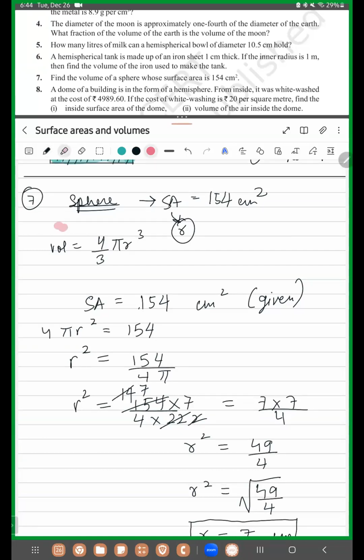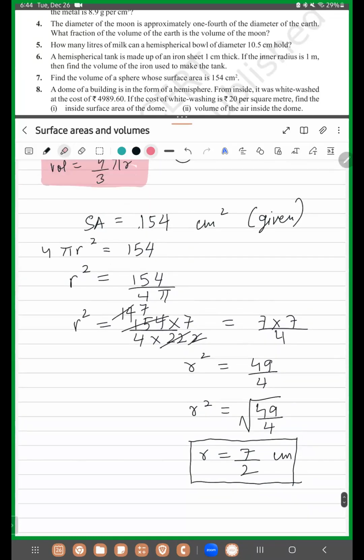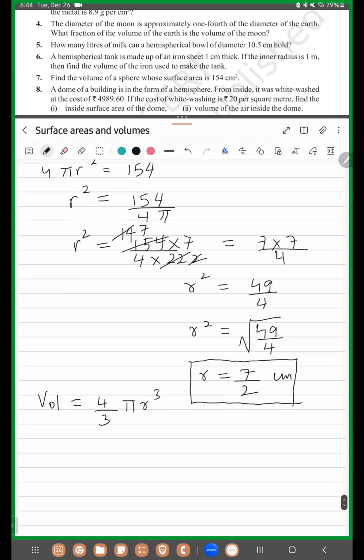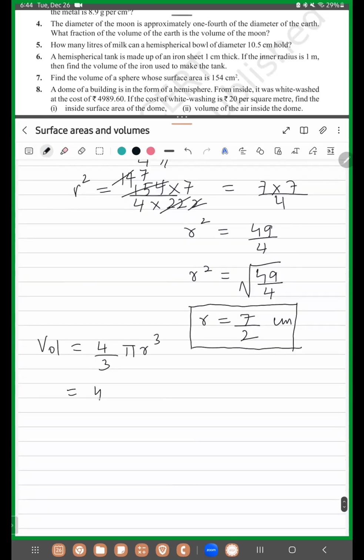Find the volume of the sphere. So for volume, we know the formula: 4 by 3 pi r cube. We know r. Now from here it is just calculation.